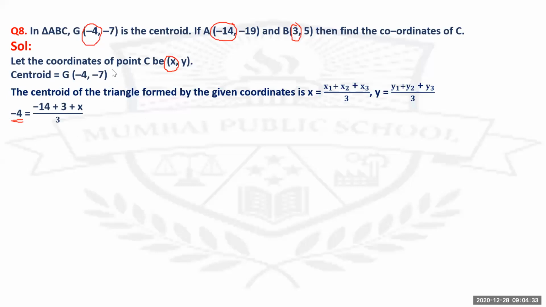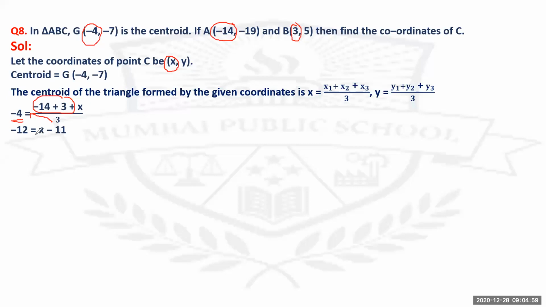Now you're going to cross multiply. The 3 in the denominator goes to the other side, so 3 into -4 will give you -12. And -14 plus 3 will give you -11.